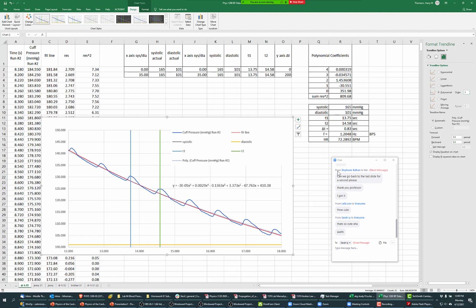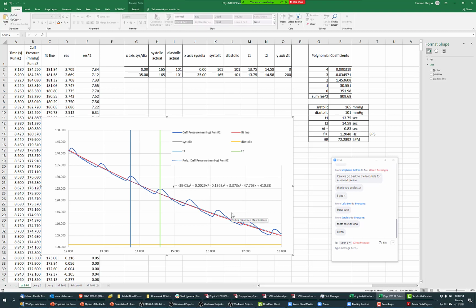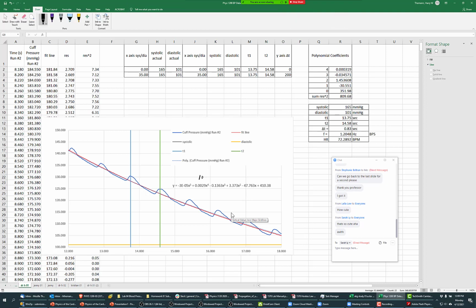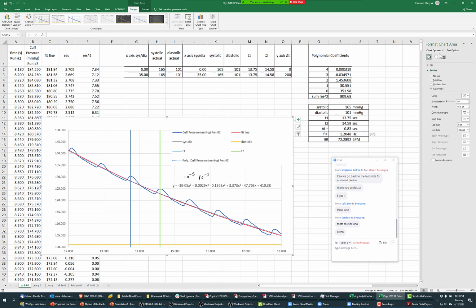But when I do go to the fifth order, and this one unfortunately is doing scientific notation, this is 10 to the minus 3 here, and 10 to the minus 5. So the fifth order might have been the way to go, but I'm not going to sweat it.